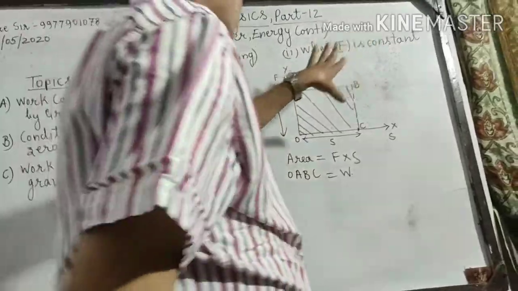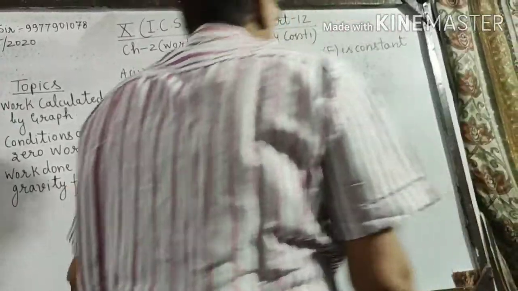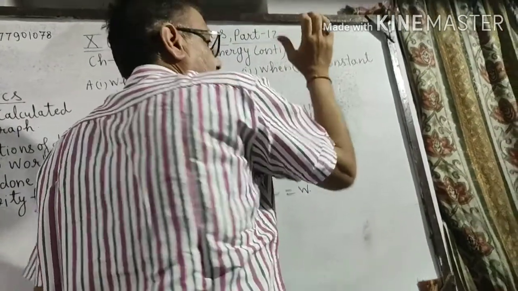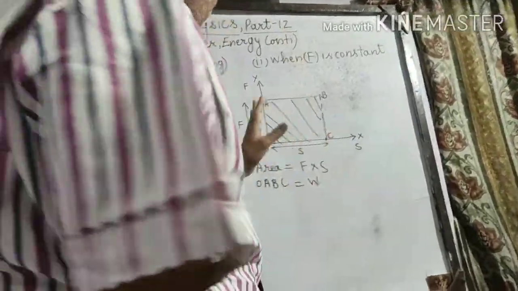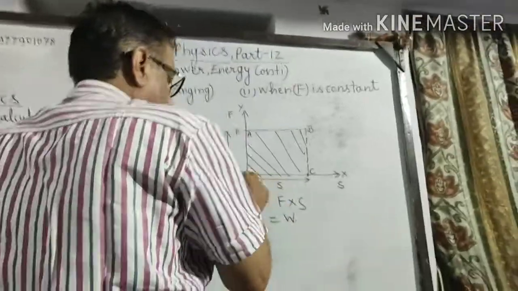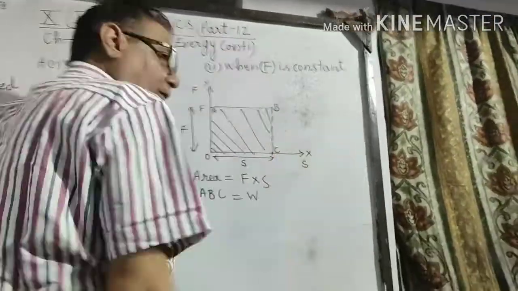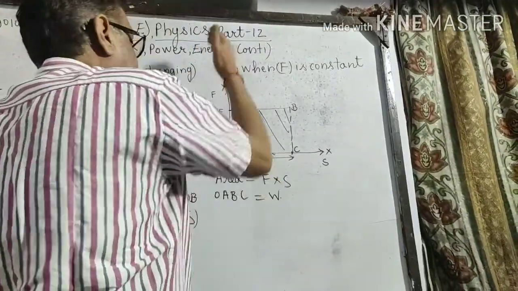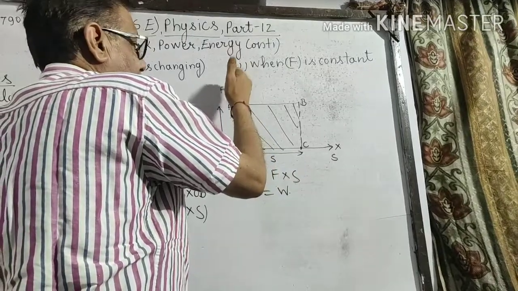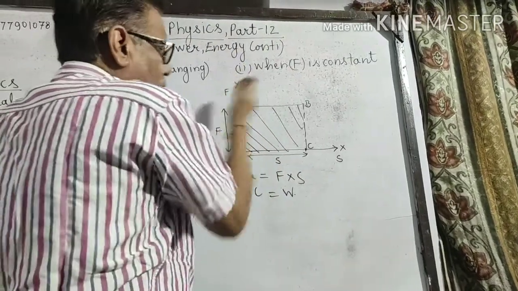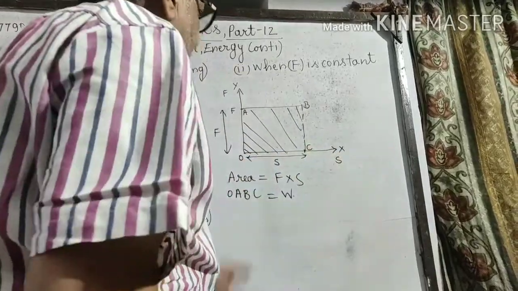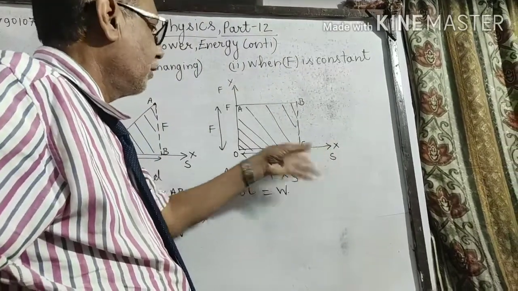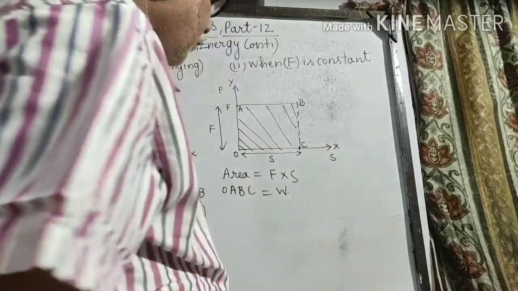Similarly, this is the second case, in which the force which you are applying on the body is constant with respect to time and displacement. On the x-axis you will take the displacement, on the y-axis the values of force, or force on the x-axis and displacement on the y-axis, anything you can write. But you have to choose two axes, one for displacement and one for force.